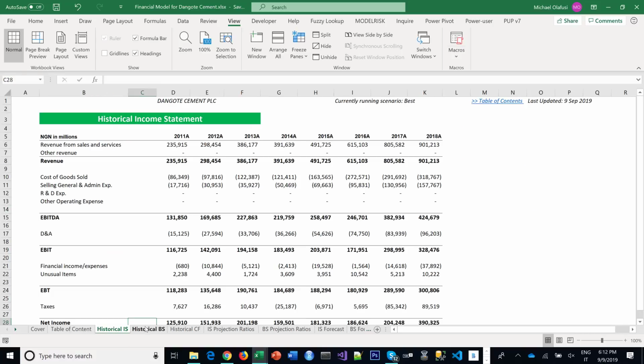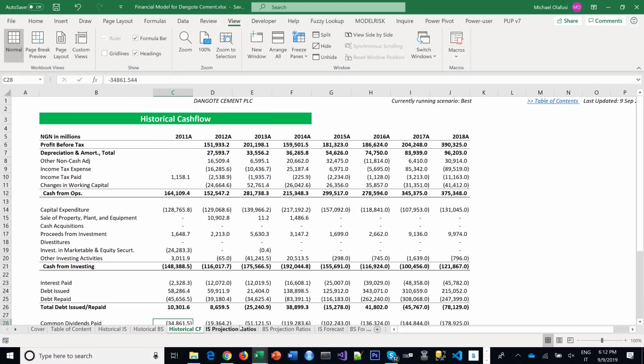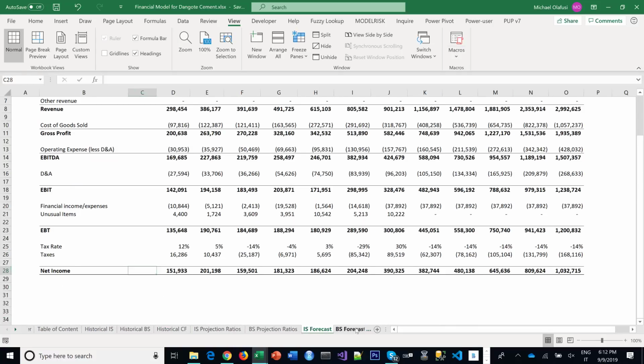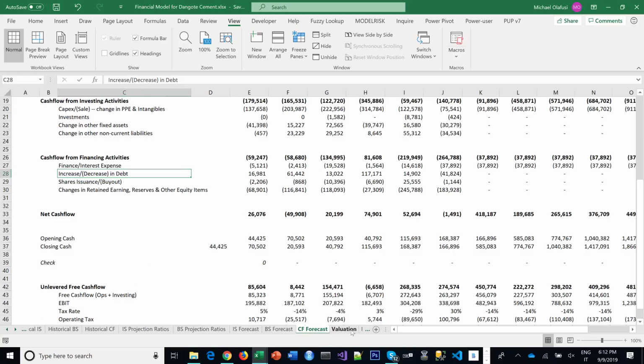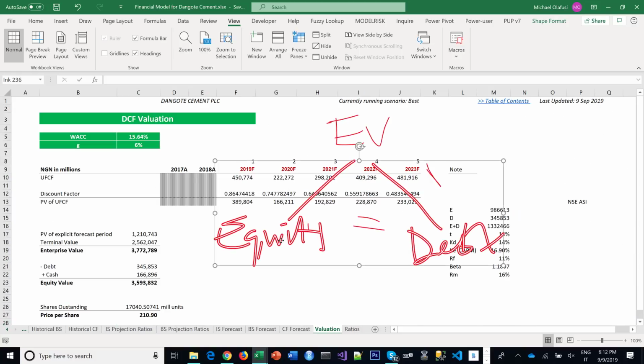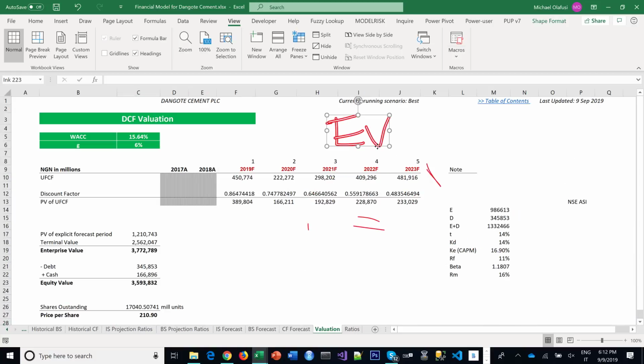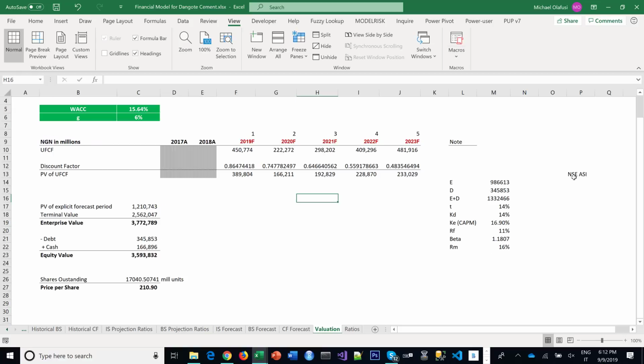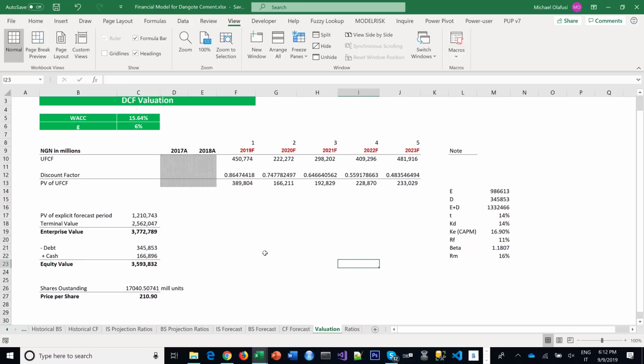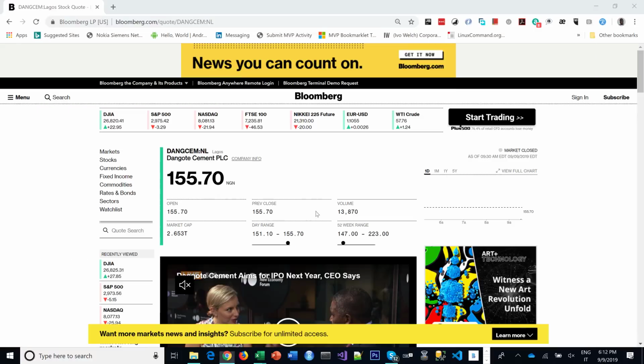So we are done with the whole financial model and valuation. Let me just take out all these things, and boom, and you can see that it's not too far off from what the stock is currently trading as, right?